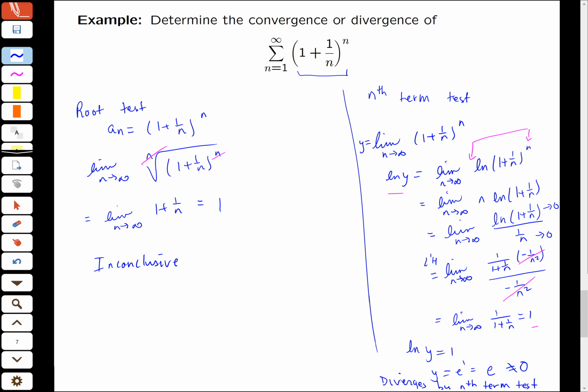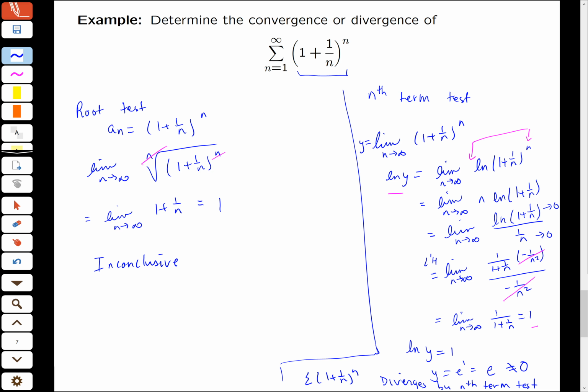The original series diverges by the nth term test because the limit of what is inside is not equal to 0. It has to diverge. It's like adding e to itself an infinite number of times. That's going to be infinite in itself.